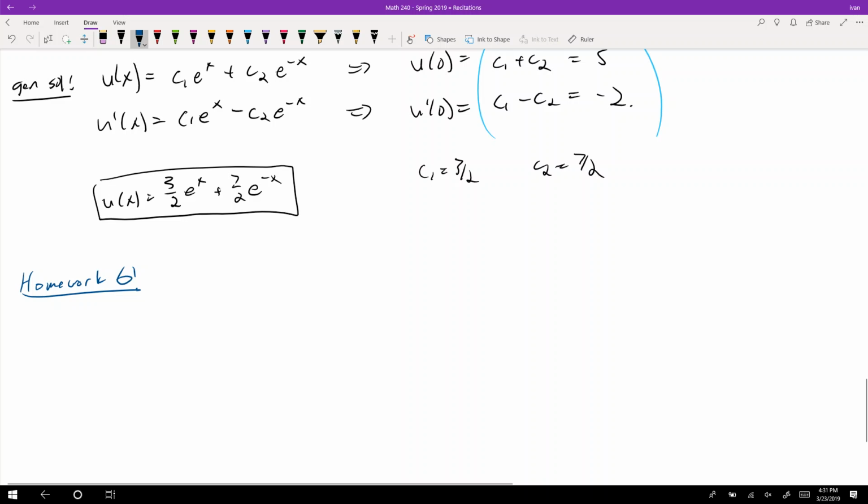Okay, so for homework 6, let's talk about number 4. In this problem, V is a vector space of 2 by 2 real entries, so V is M2 by 2, or M2R.